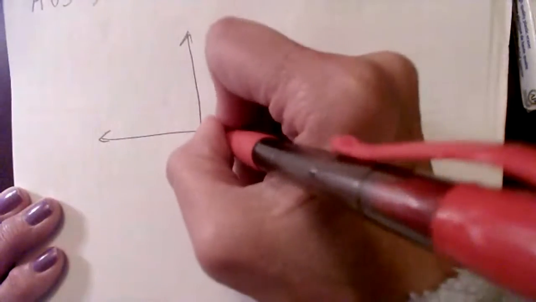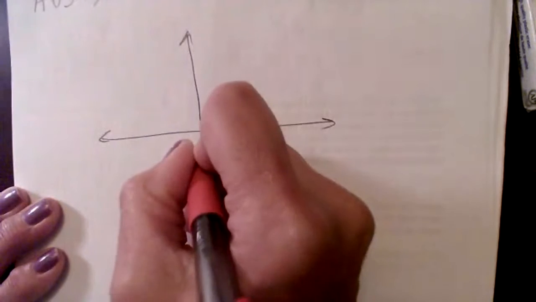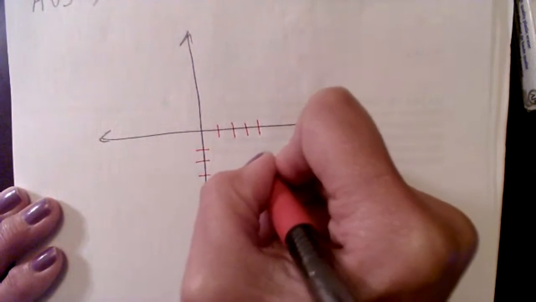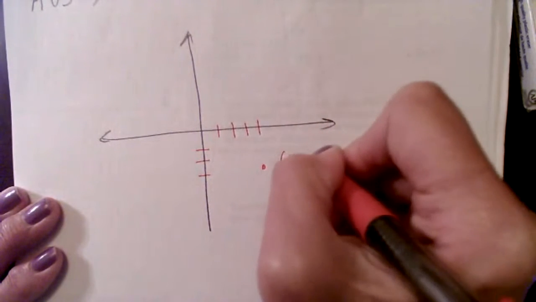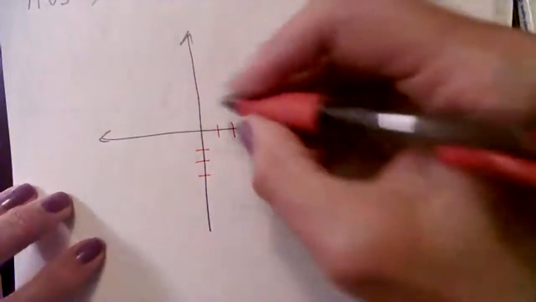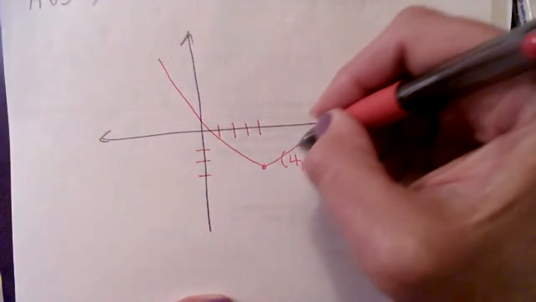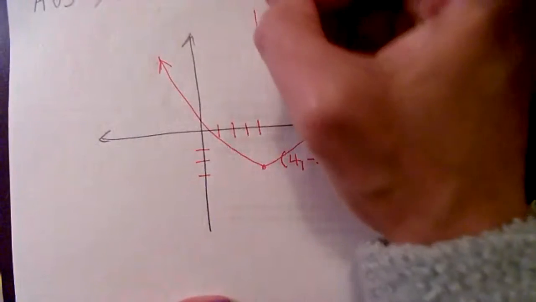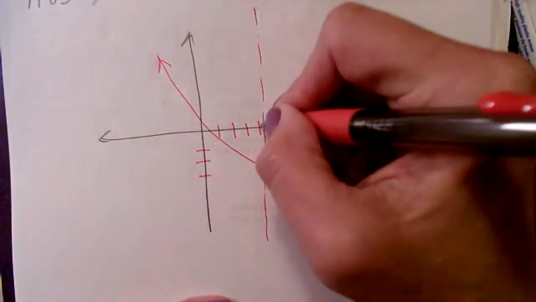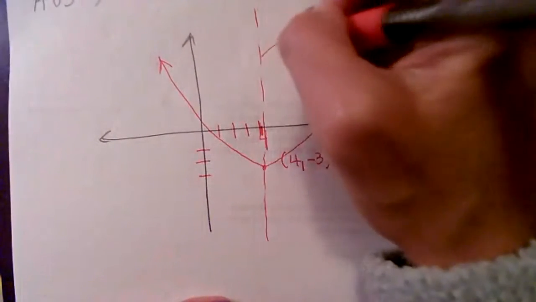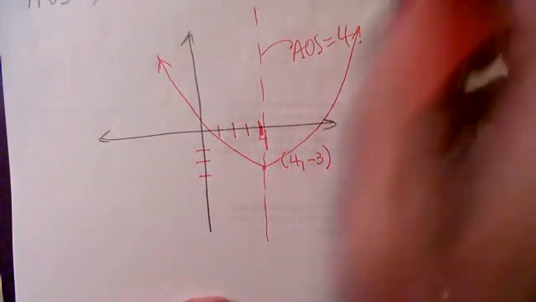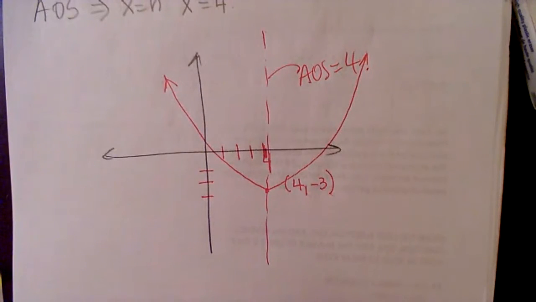Let's locate 4: 1, 2, 3, 4, and 1, 2, 3. So here's 4, negative 3, right? It's going to be somewhere like this, with the axis of symmetry, which is x equals 4.